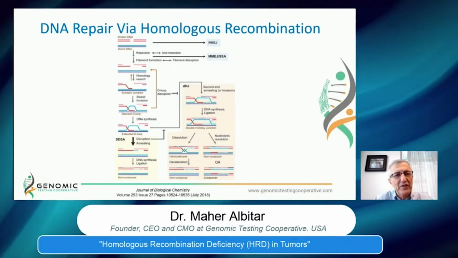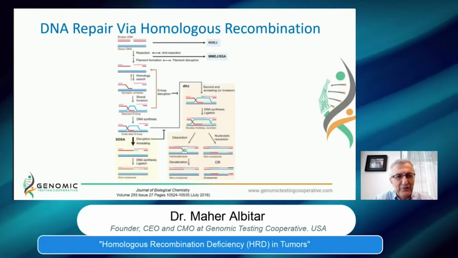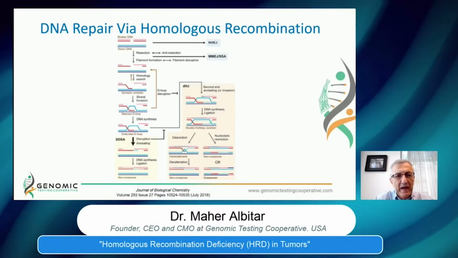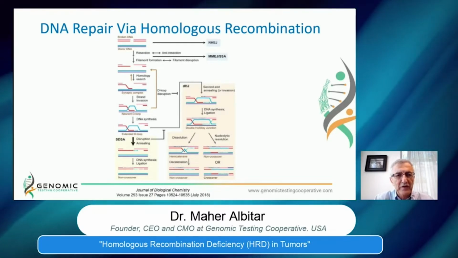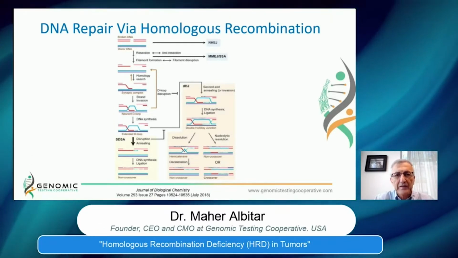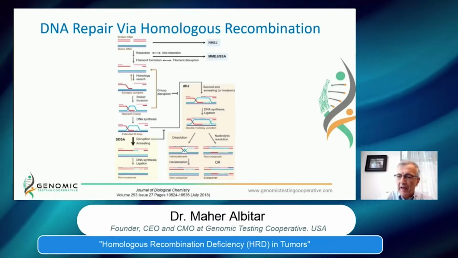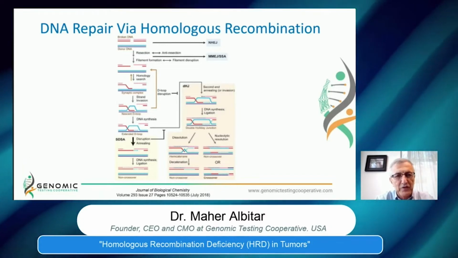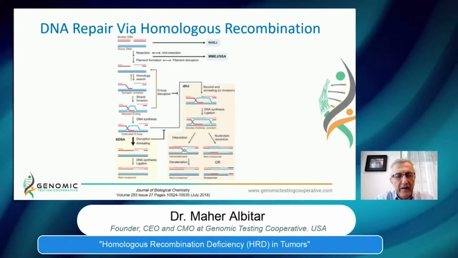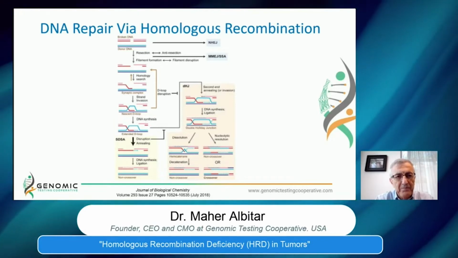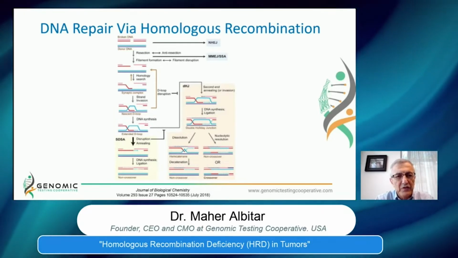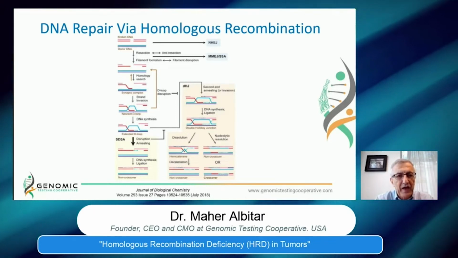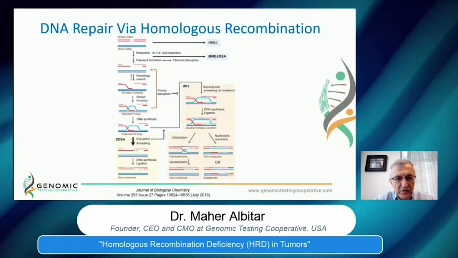As you can see in this slide, on the left side, the break can be fixed, if it is very simple, with non-homologous end joining, and this is what you see on the top. But if there are overhanging breaks, this is where there are multiple ways of fixing this break in principle.